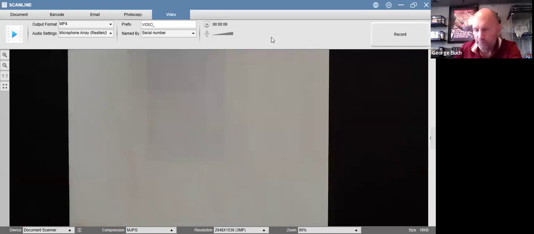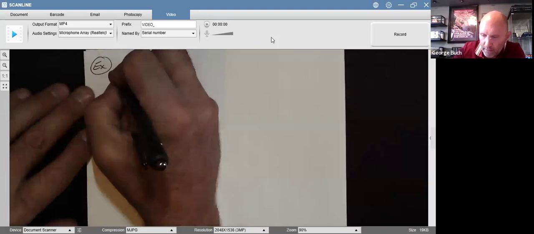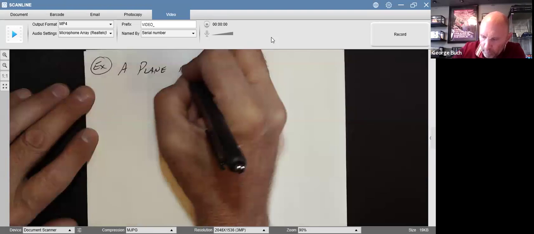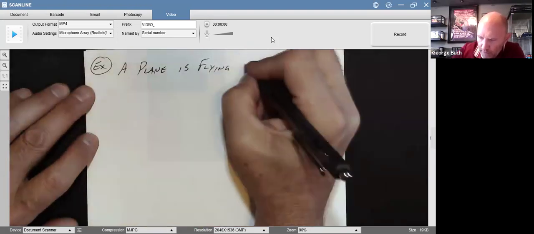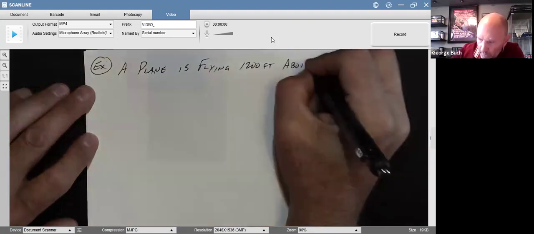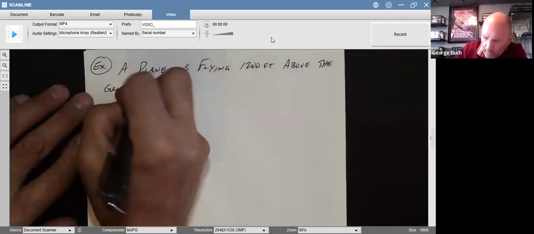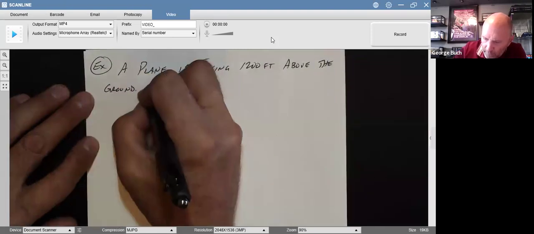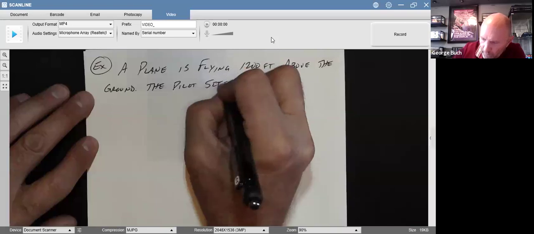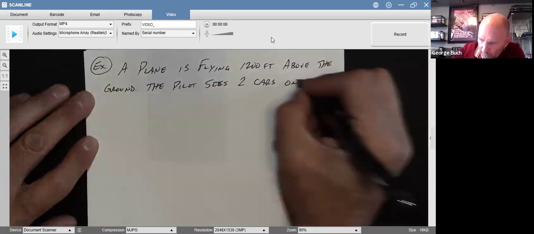All right, next. So a plane is flying 1,200 feet above the ground. The pilot sees 2 cars on opposite sides.